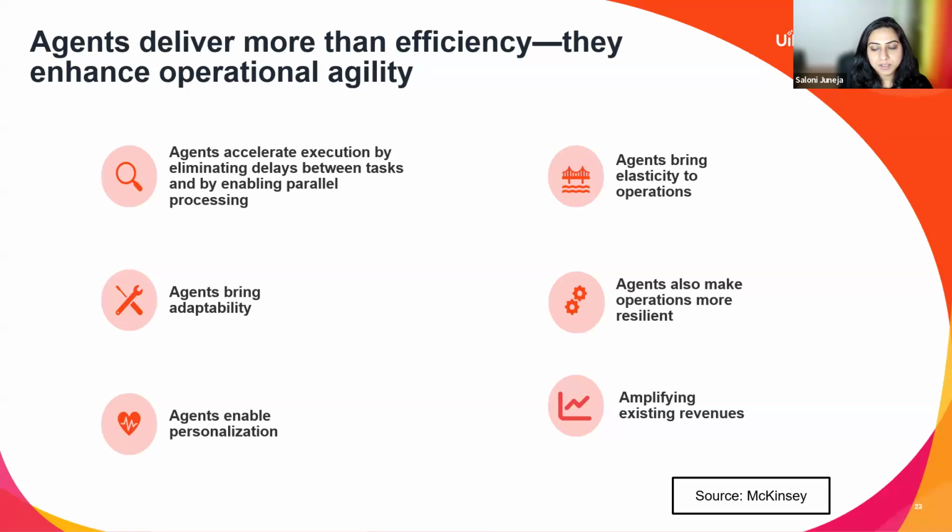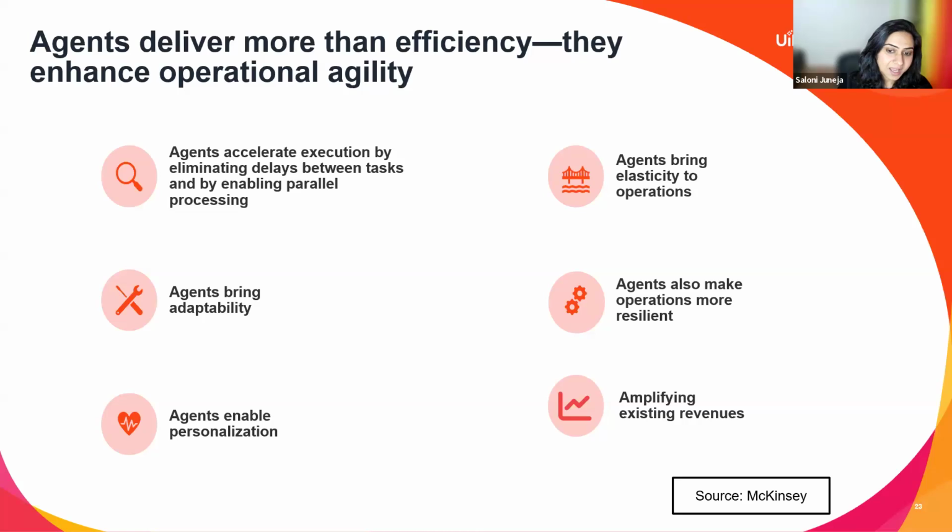Thank you. So this is in fact delivered by McKinsey as a report, where McKinsey has stated that agents deliver more than efficiency, and they are enhancing operational agility, which means that these agents are accelerating execution because they eliminate the delays between tasks, and they can also do parallel processing.